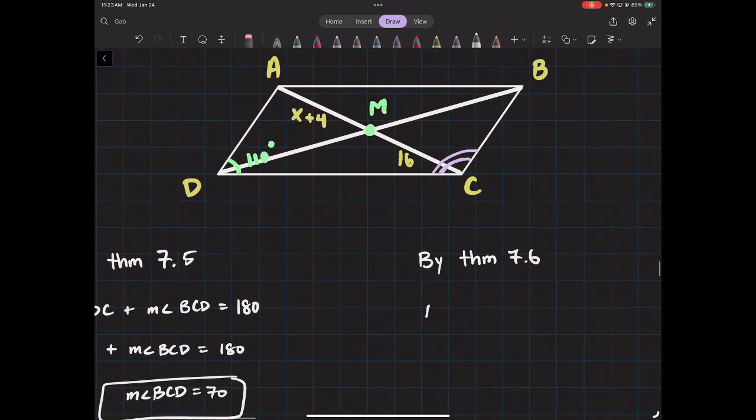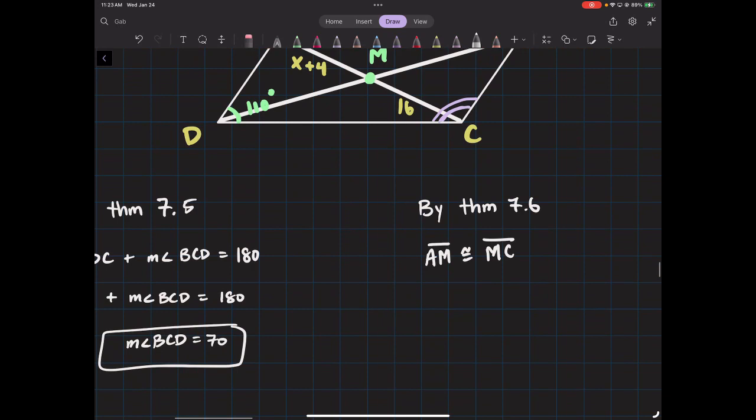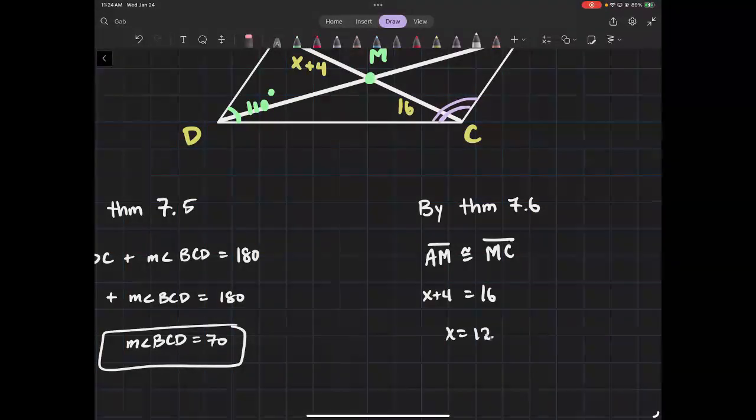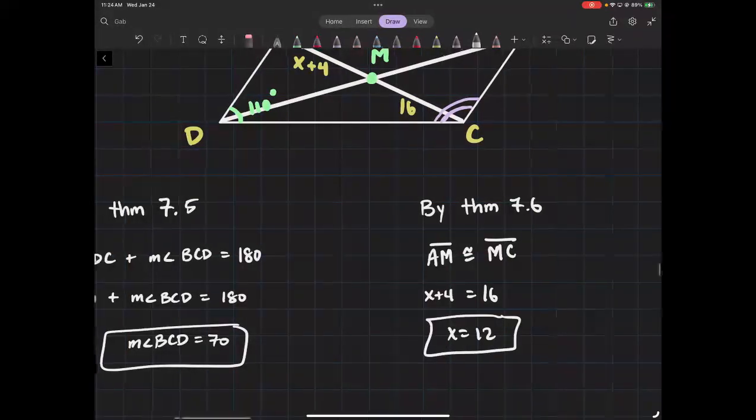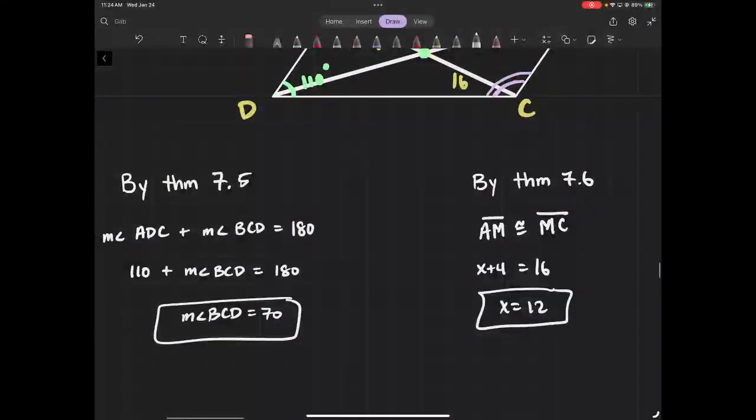So AM congruent to MC. Okay, and that means x plus 4 is equal to 16. And x is equal to 12, right? Okay, so like I said at the beginning of geometry, you're going to take your theorems, apply them, then it's a basic algebra problem. You just got to know the theorem.